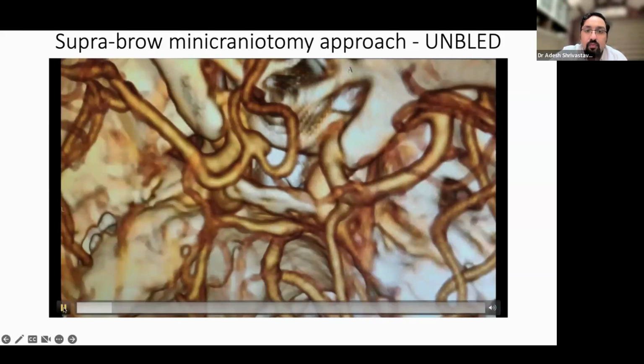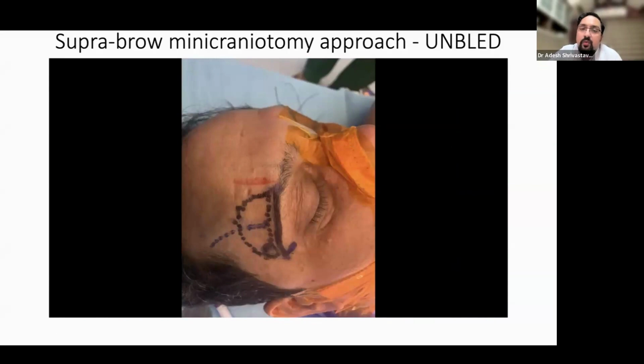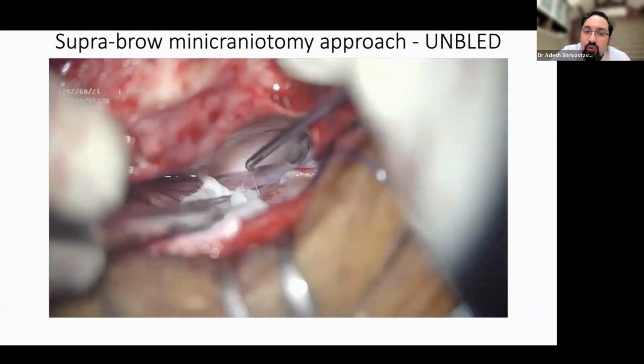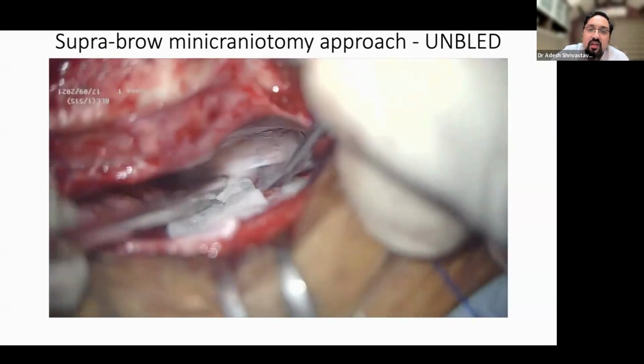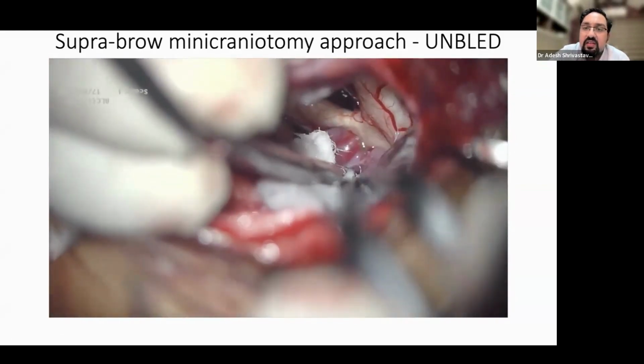So we used the suprabrow mini craniotomy approach. Here you can see for the suprabrow approach, the SOCA approach, we do not use much extension. That's the corridor being used, no retractor being used, and there one can see the aneurysm.